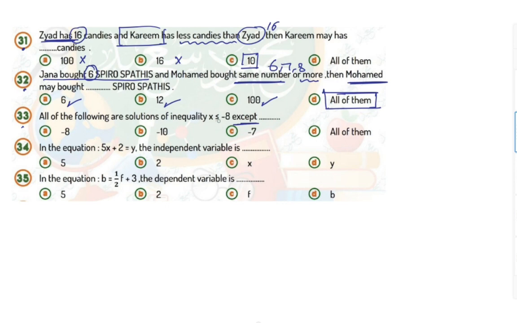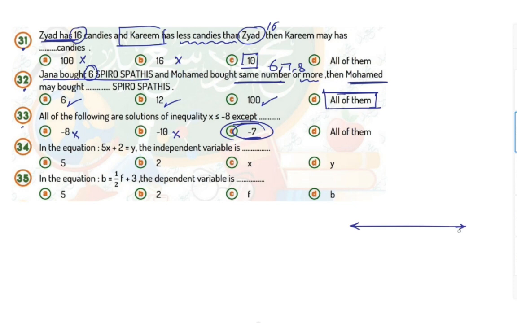Yes, because we have the equal sign here, so that's not the false one. Is -10 less than -8? Yes, so that's not false. Is -7 less than -8? No. That's the one to choose.